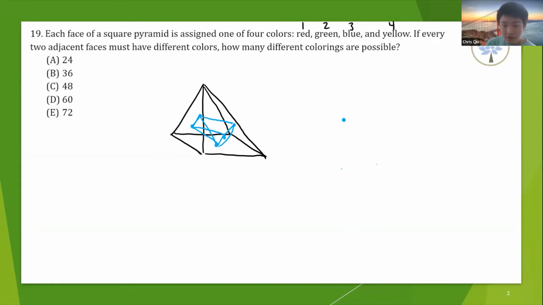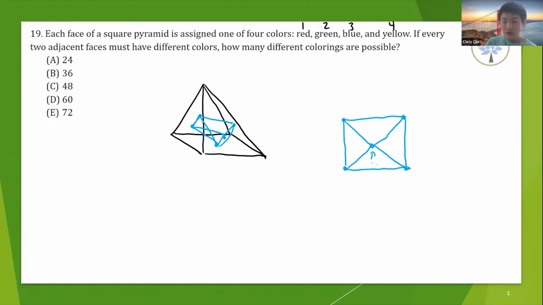So if we draw out these 5 dots in a plane, it would look like this. So this would be the representation for these faces and their adjacencies drawn out in a planar graph.